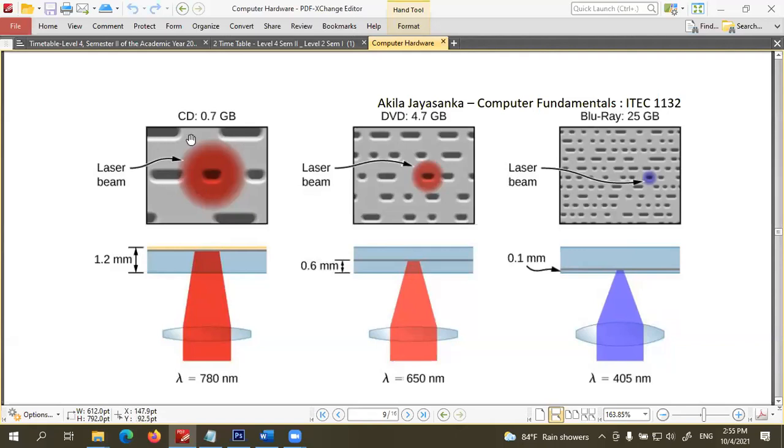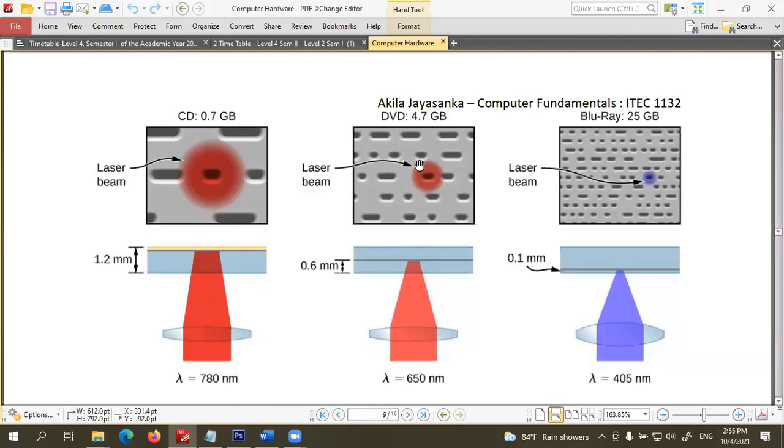So you can see a very small amount of data can be written onto a CD surface. And the laser beam which is used to read the surface also has a higher wavelength. Then it can store only 0.7 GB, 700 MB of data.